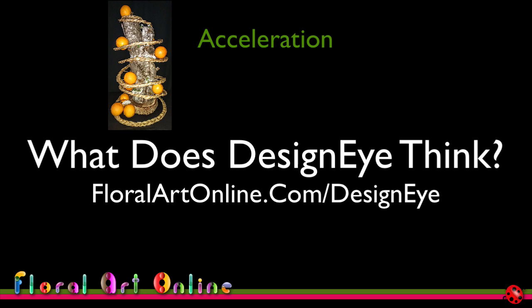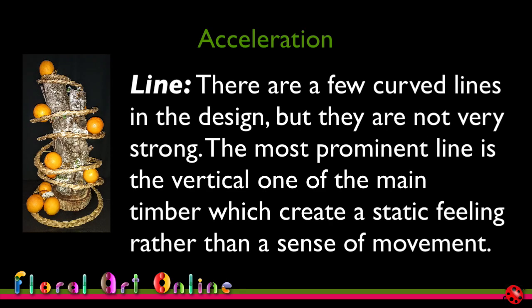So let's see what DesignEye thought of this design in terms of the principles and elements of design. Line, first of all. There are a few curved lines in the design, but they are not very strong. The most prominent line is the vertical one that is provided by the main timber, which creates a static feeling rather than a sense of movement.